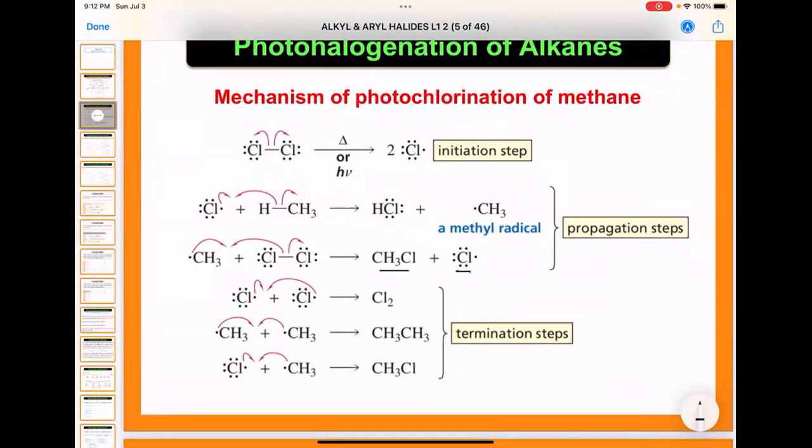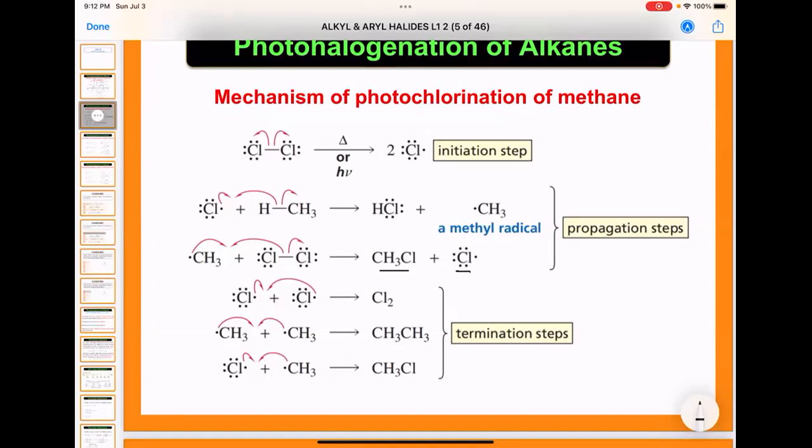Can you tell me which step is the rate determining step? The slowest step, the bond breaking step. But which step is the rate determining step out of the initiation and propagation steps?